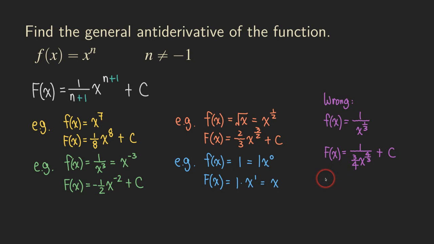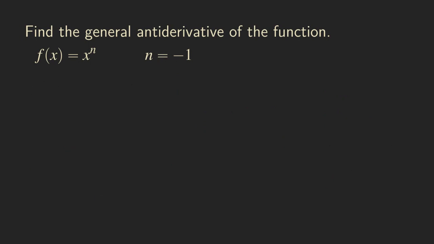Okay, now let's look at the case when n is equal to negative 1 and see what's going on. Let me just point out one thing here. When n is equal to negative 1, there is only one function. That function is x to the negative first power, and if you write it without the negative exponent, it's actually 1 over x.